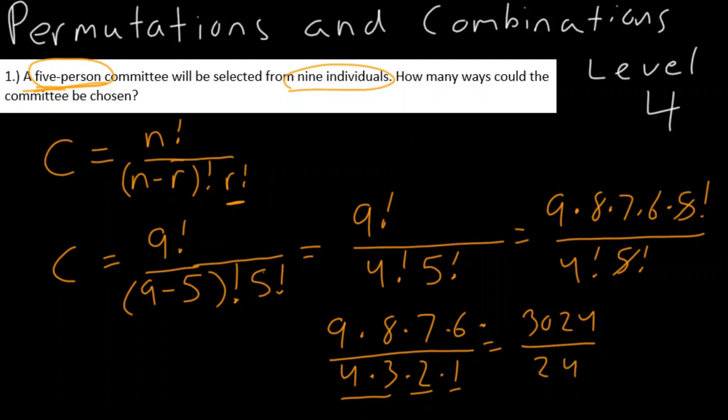So, what is 3,024 divided by 24? And it turns out there are 126 different ways we could choose 5 people to be on a committee out of 9 individuals. Go ahead, pause this video, and finish taking your notes, and we're going to go ahead and move on to our second example.